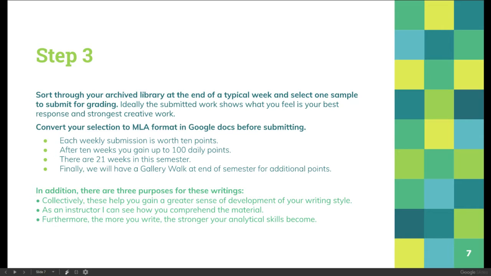Some of them are just like we did last semester, quick freestyle writing. Each weekly submission is worth 10 points. After 10 weeks, you'll have 100 daily points. This whole semester, there are 21 weeks. Ideally, this is like two daily assignments. There will be other daily work we will be doing, but for now, this is a quick and easy one.